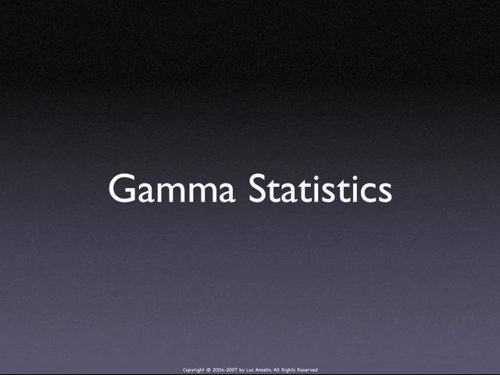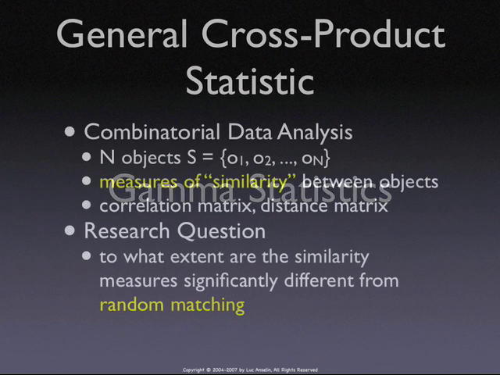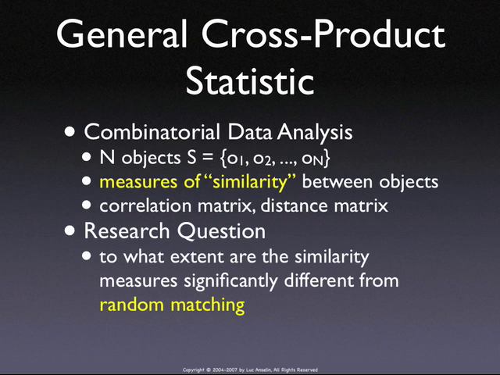The gamma statistic really comes out of psychometrics. It was originally thought of as a way to compare similarity matrices. So instead of working with just a simple vector of observations, you're working with a matrix of similarities or distances or dissimilarities. The essence is that you're comparing a number of objects.